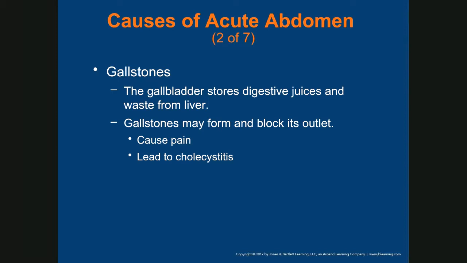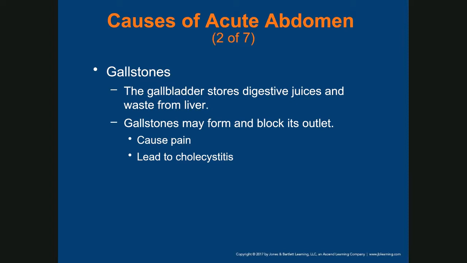All right, gallstones. This is when digestive fluids within the gallbladder harden, right? That's what we call gallstones. So the gallbladder stores digestive juice and waste from the liver. Gallstones may form and block its outlet. This can lead to pain and it can lead to cholecystitis, right?